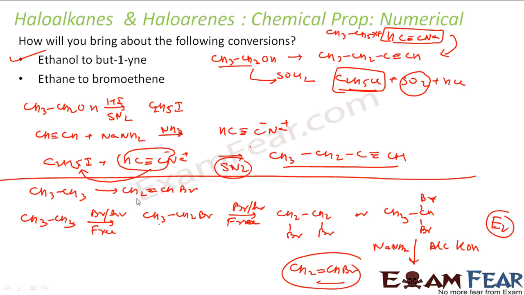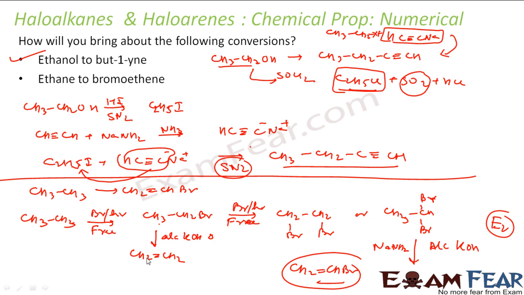Or one other option is, once you have done this one bromination, don't do the second one. Just here only you can do alcoholic KOH and heat, and make CH2=CH2.